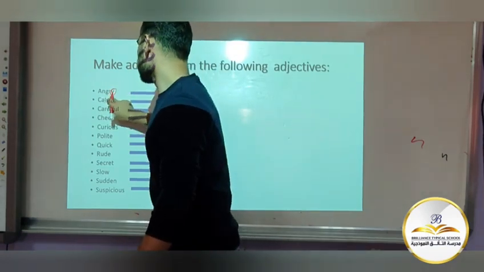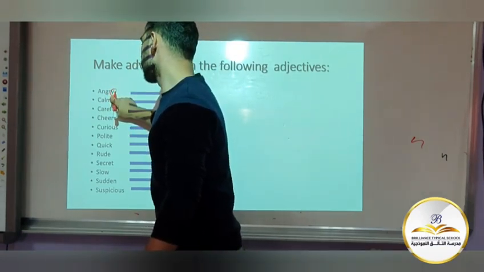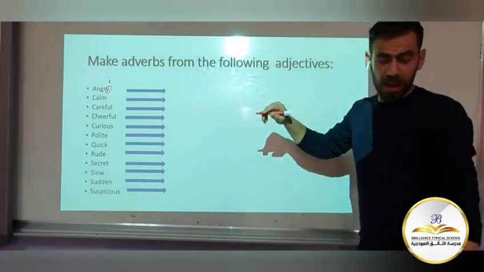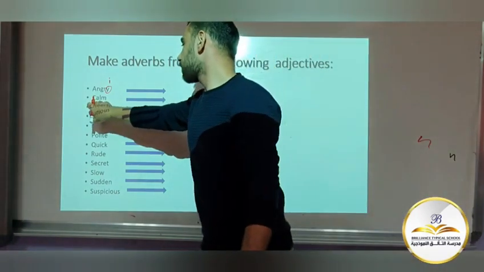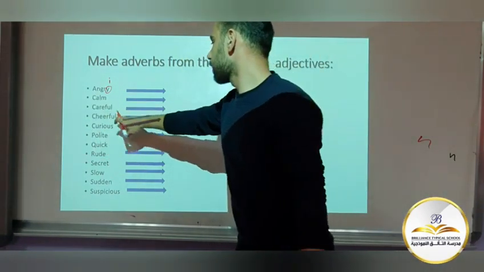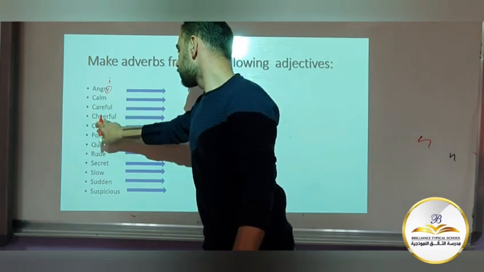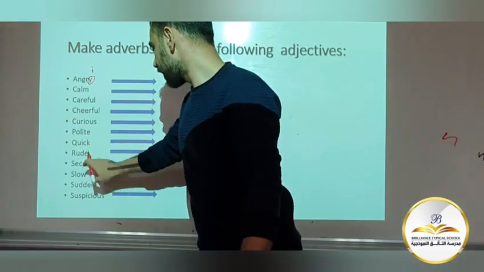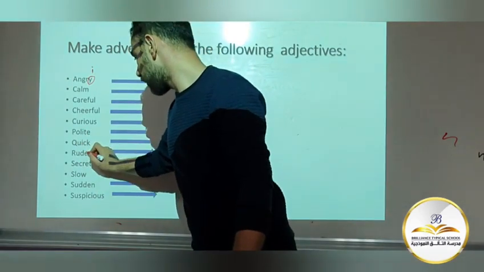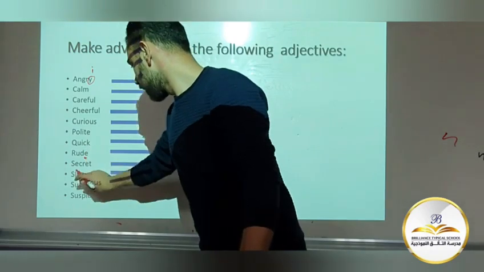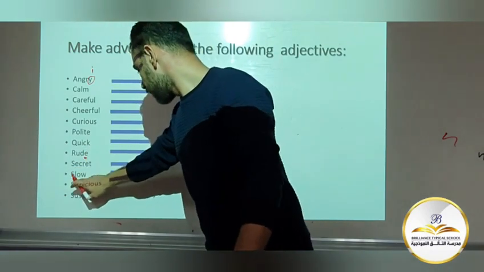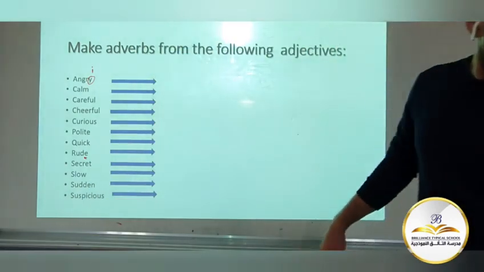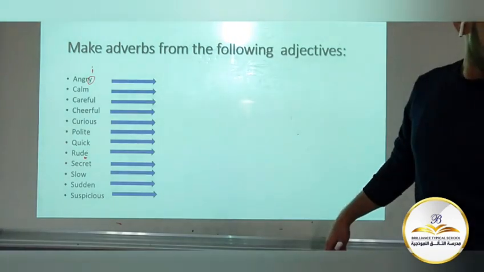We have angry, which ends with a Y, so we have to change this into an I. Or here we have got calm, careful, cheerful, curious, polite, quick, rude. Also here we have to do some omission with this one. Secret, slow, sudden, suspicious.